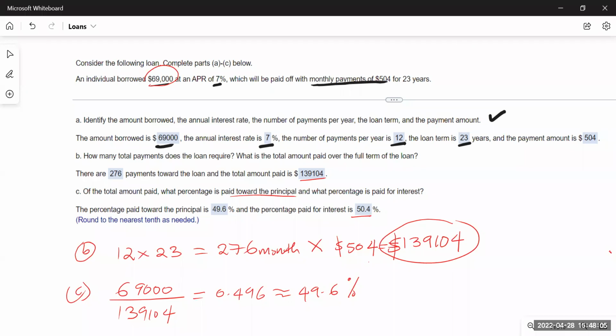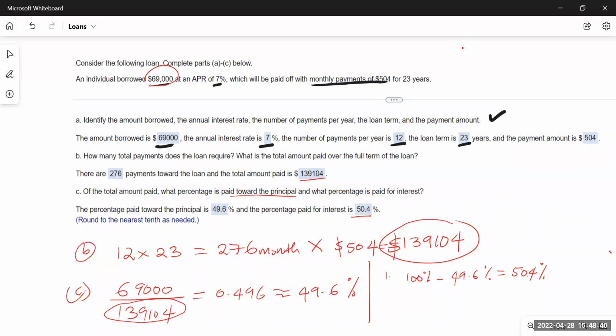Option one is that you can do 100% minus 49.6%, and that should just give you 50.4%. Because this total is equivalent to 100%. So if 49.6% is paid towards the principal, the rest is towards the interest.